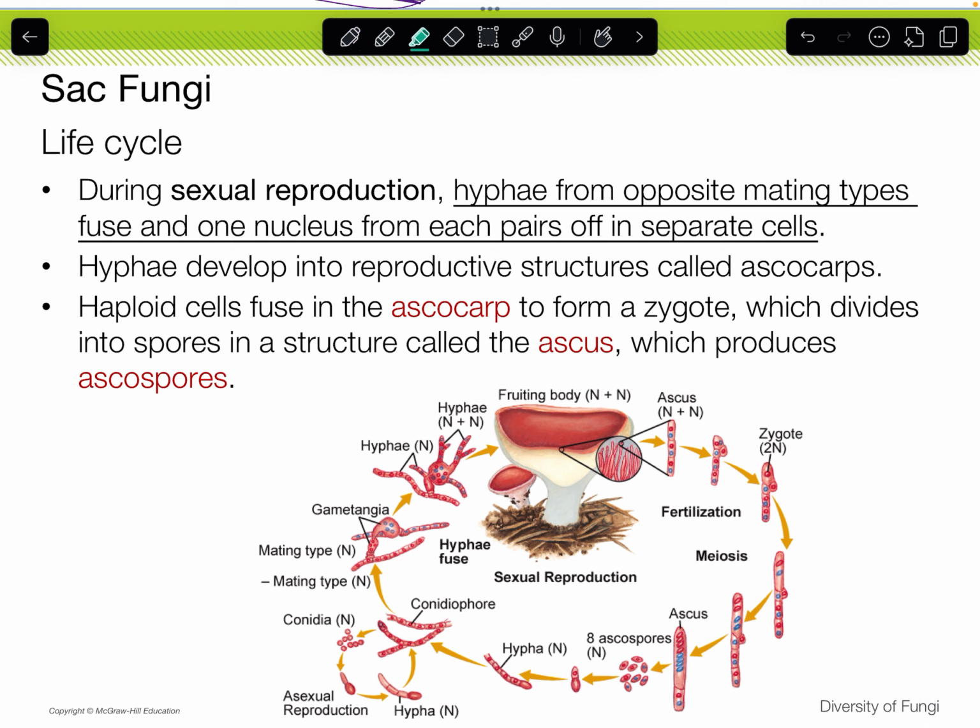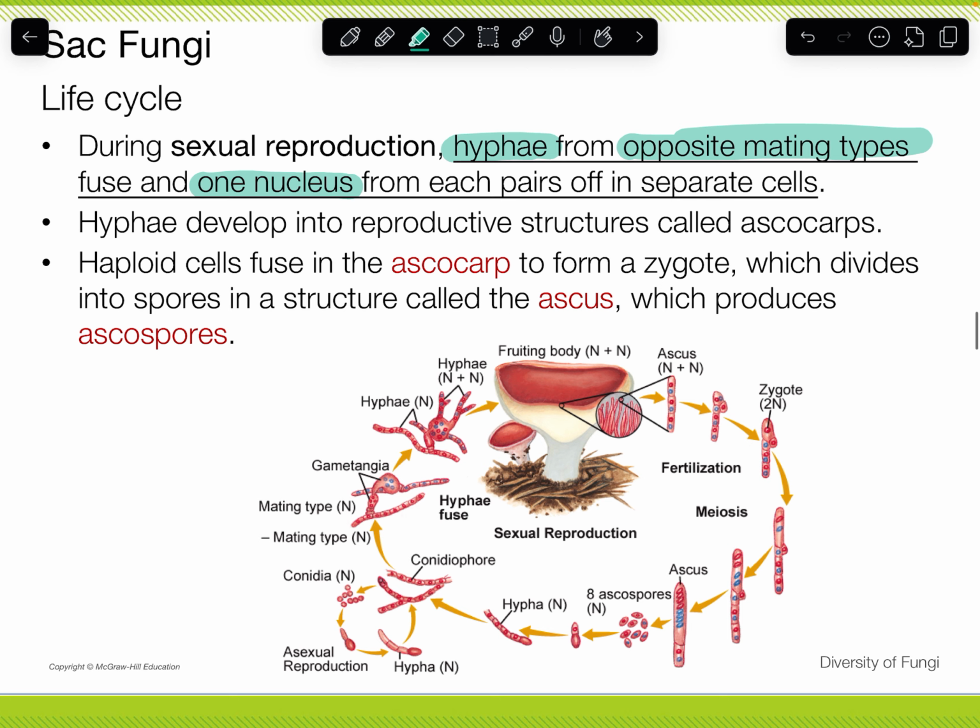But we can have sexual reproduction as well. In sexual reproduction, hyphae from opposite mating types fuse, and we get one nucleus from each of the pairs of separate cells. In this sexual reproduction cycle, we're going to have a lot of terms.